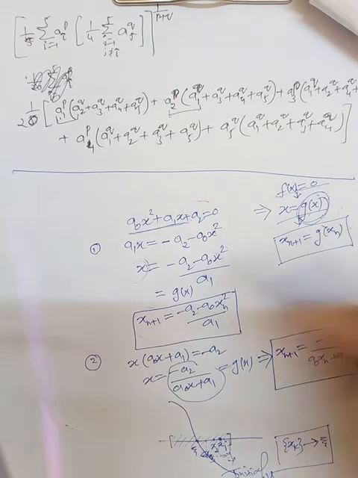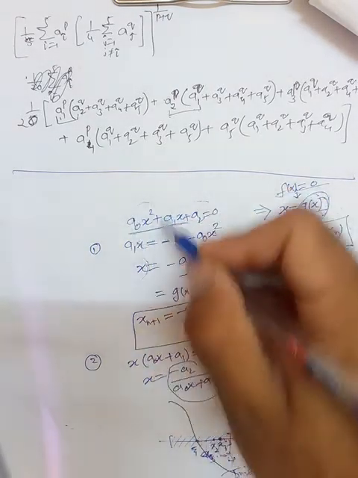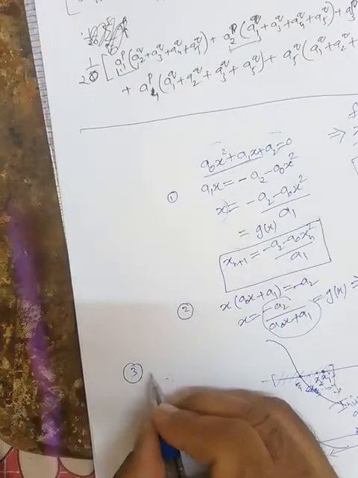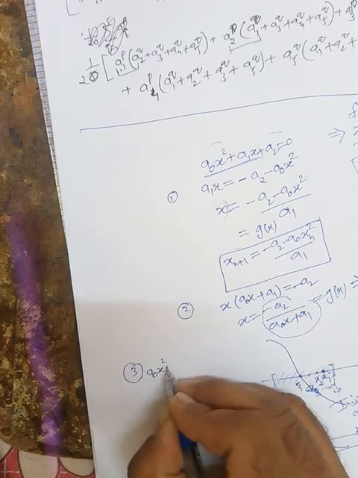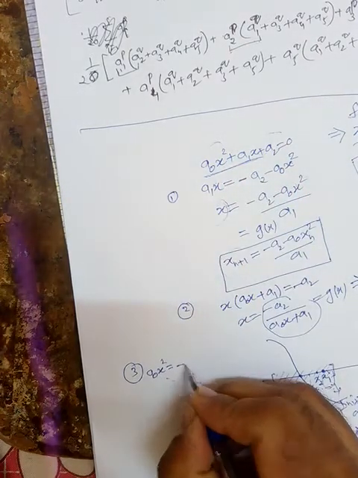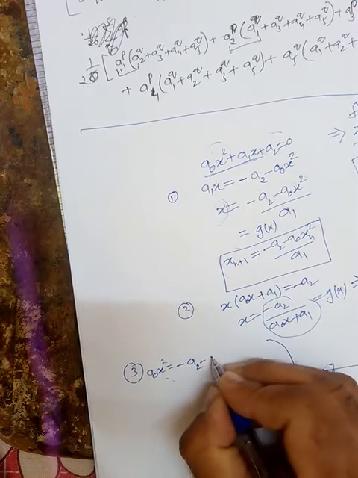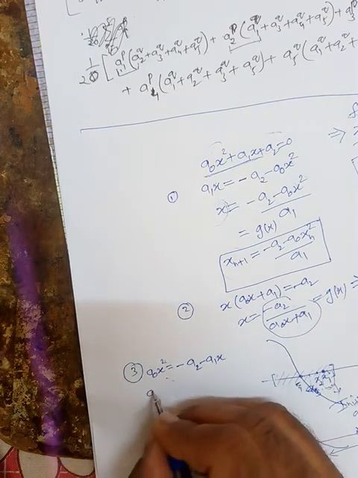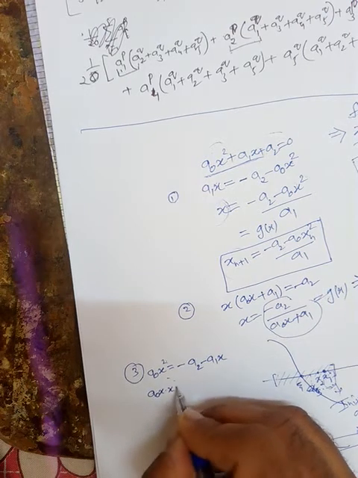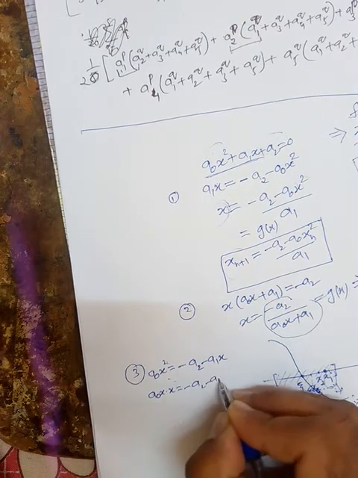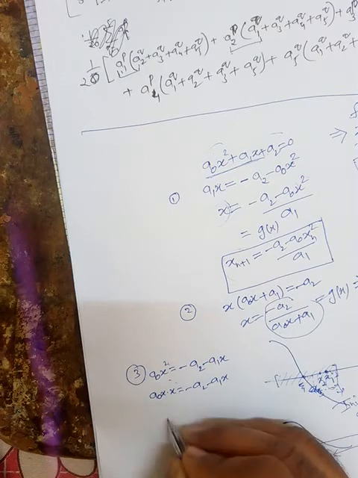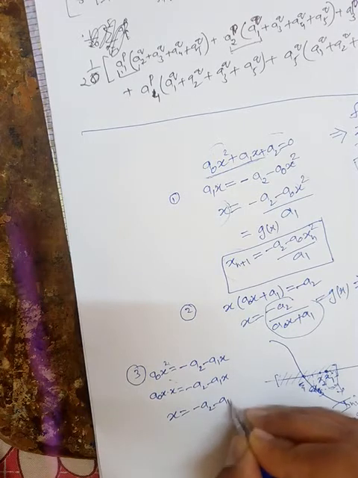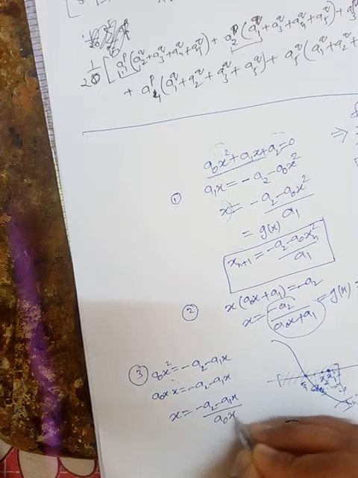And now another is this. Third one: here you take a naught x square in the left hand side and minus a2 minus a1x on the right. Now x square can be written as a naught x into x, equal to minus a2 minus a1x, and now take this x in the left hand side and a naught x in the denominator, so x is equal to minus a2 minus a1x divided by a naught x.